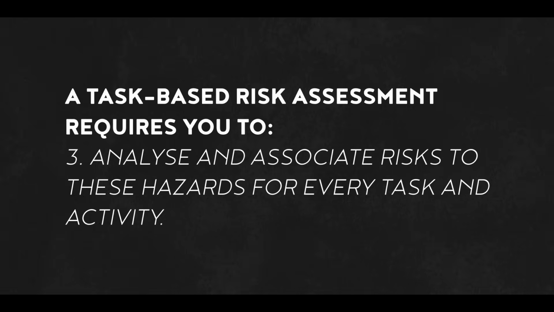This can include any hazard, biological, chemical, physical, and these hazards have to be listed and associated to these tasks and activities, so as to be able to associate the risks to them, which will follow. The third step requires you to analyze and associate the risks to these hazards that you've identified for every task and activity. This involves assessing the likelihood and the severity of these risks associated to the hazards.